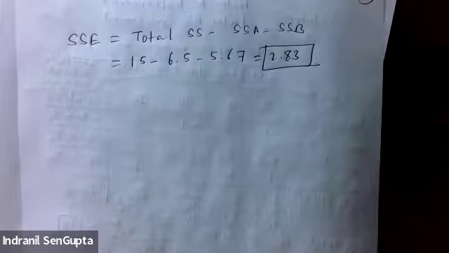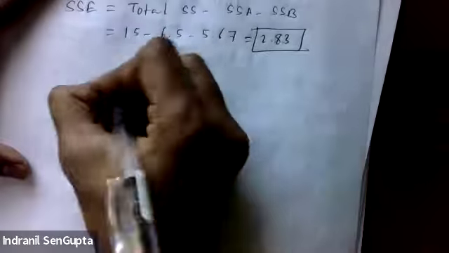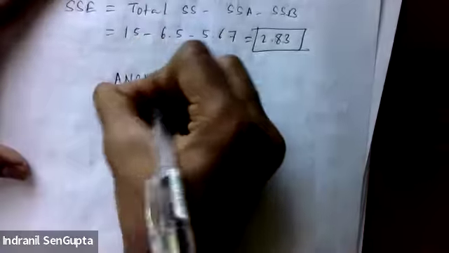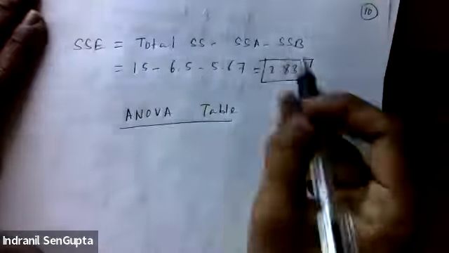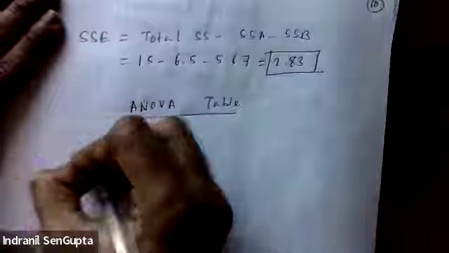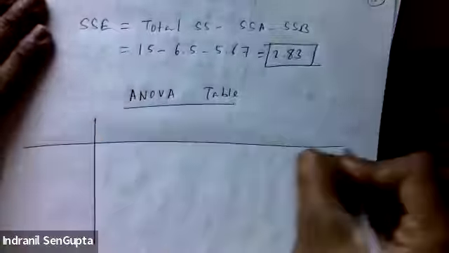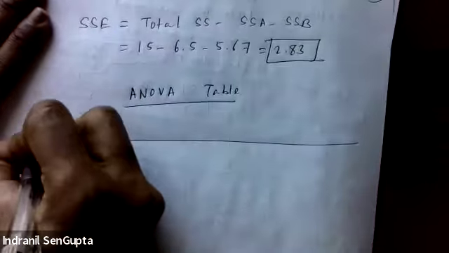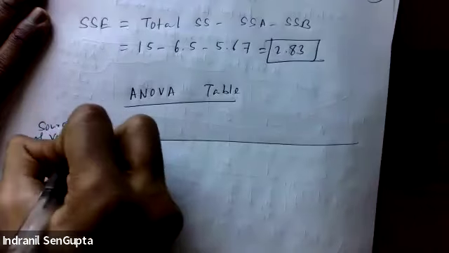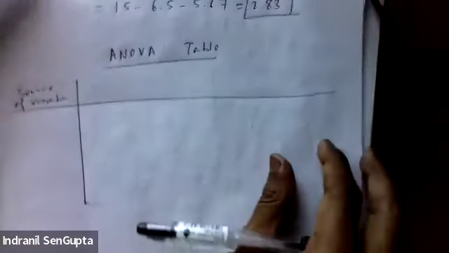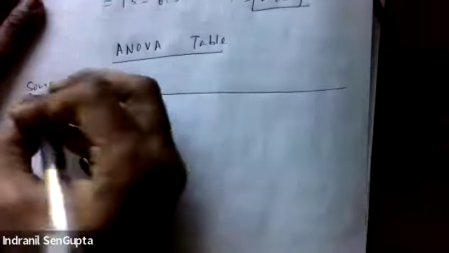Now let's draw the ANOVA table. Of course, I can compute the MSA and MSB, so let's do it in the analysis of variance table. I'll write this in the following way. Source of variation. There are two different sources. Last time for the one-way ANOVA, it's just one.